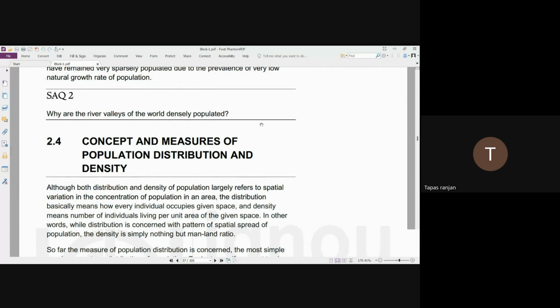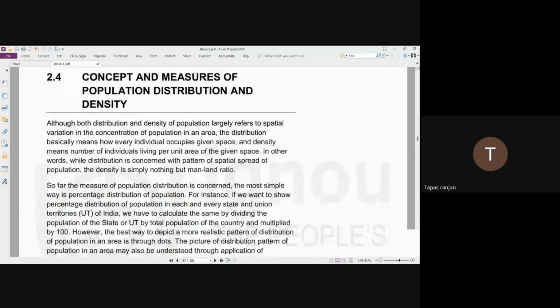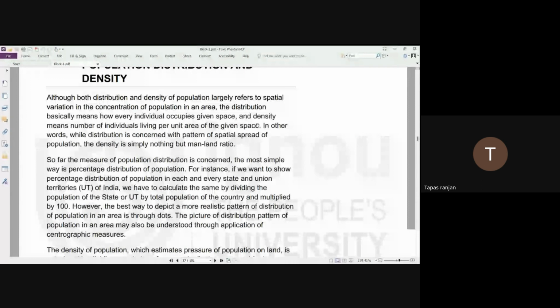Concept and measures of population distribution and density. Basically, the population density concept. Population density is nothing but population per unit area. In India, we measure it per square kilometer.